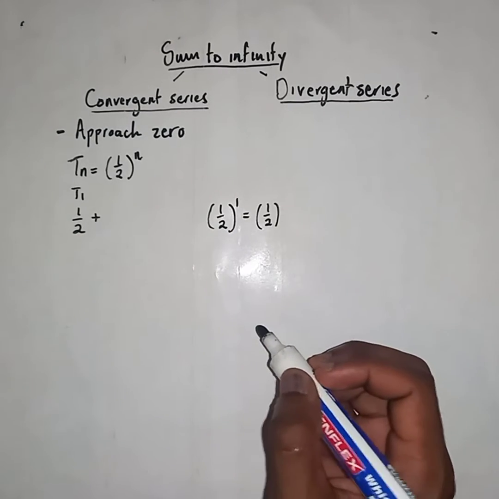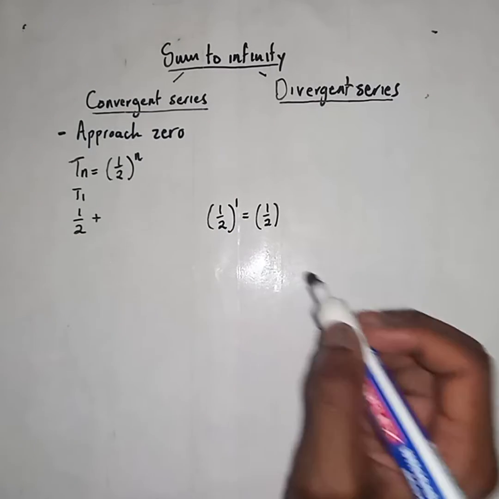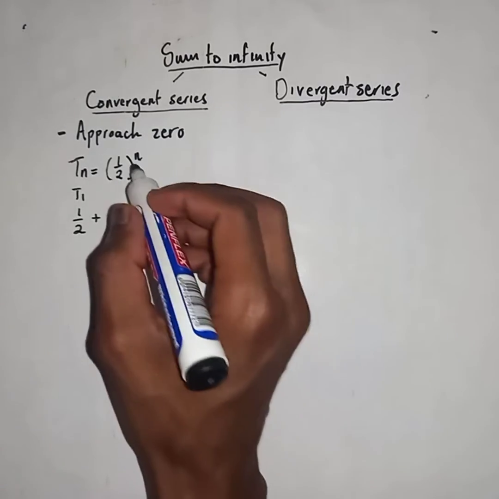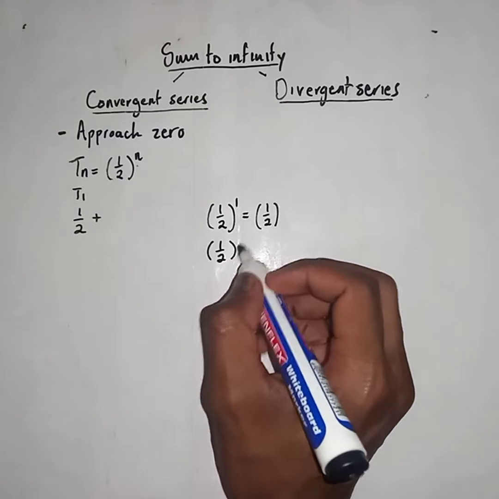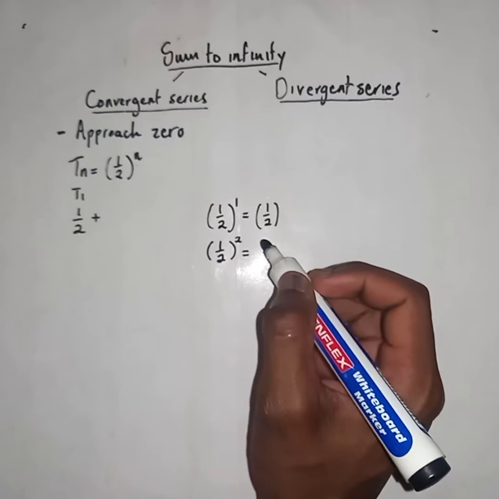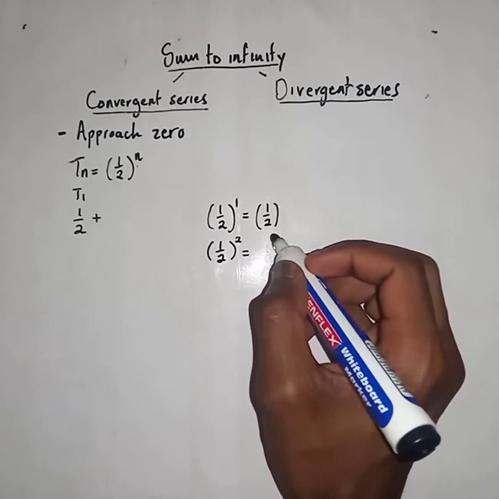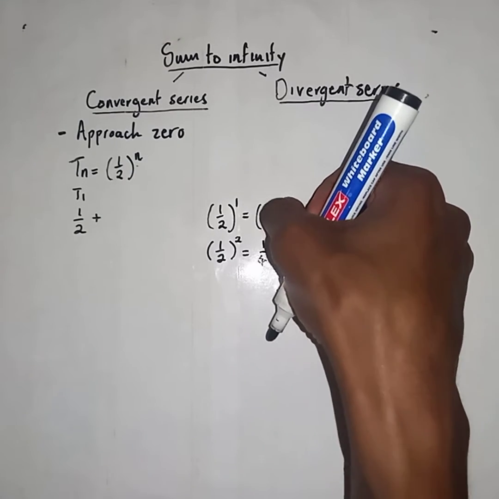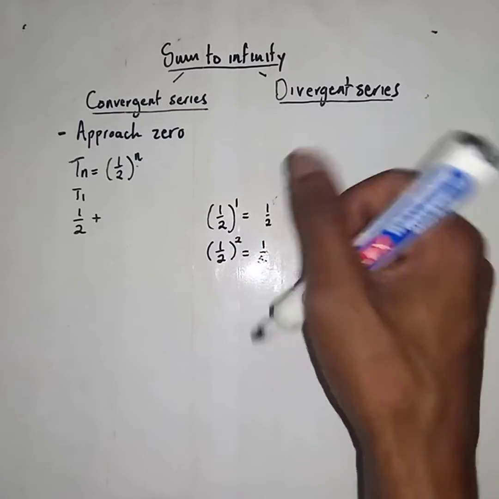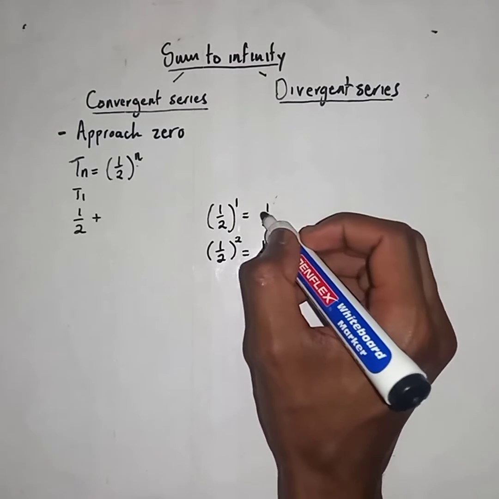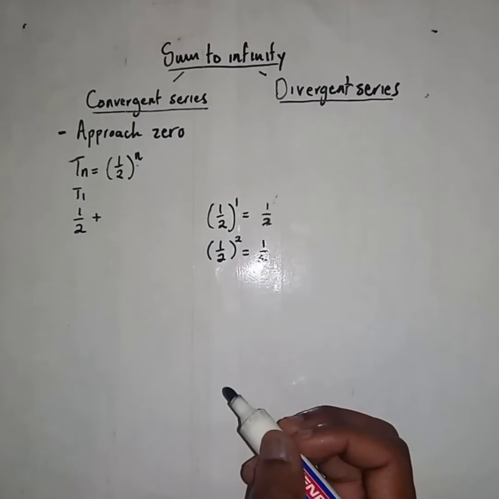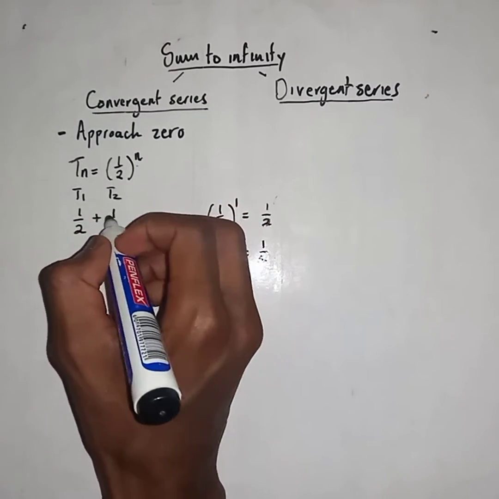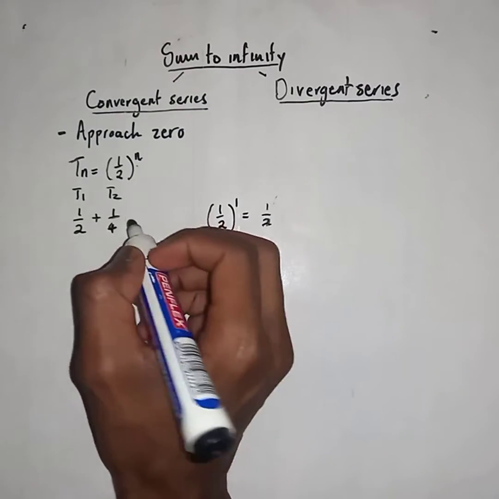Now let us figure out the value of term number 2. For term number 2, where we see n, we just need to substitute 2. Let us use our calculator. We're going to get 1 over 4. There is no need for us to put brackets here. For term number 2, we get 1 over 4.